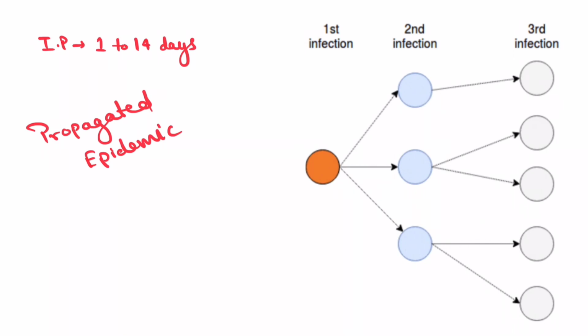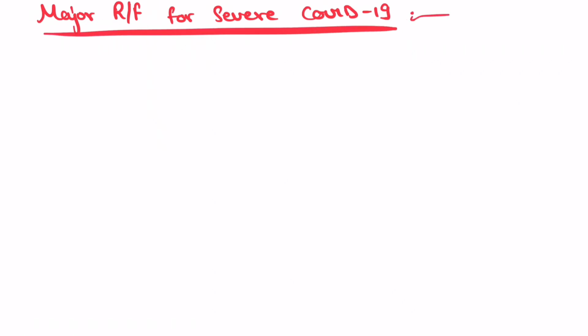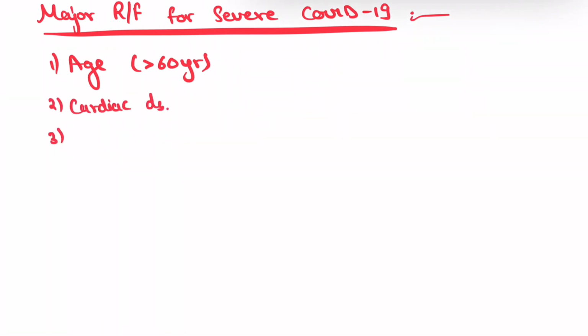Now coming to the major risk factors for severe COVID-19 infection. This includes, first, the main factor, which is age of more than 60 years. Another is cardiac disease. Another is respiratory disease, which is chronic lung disease.